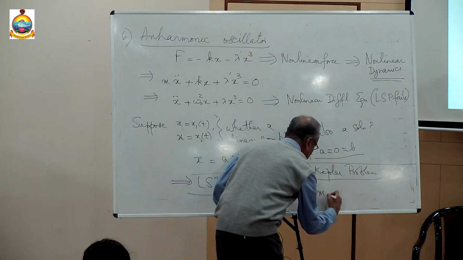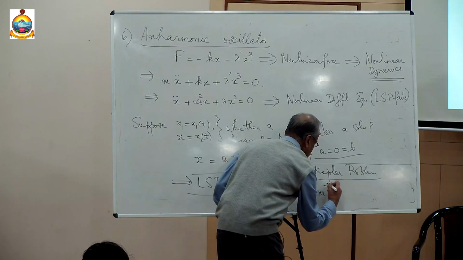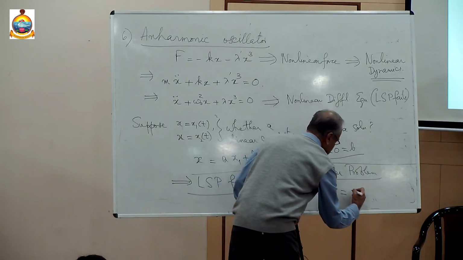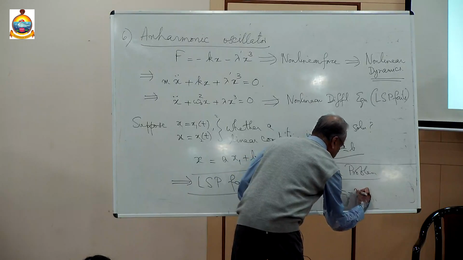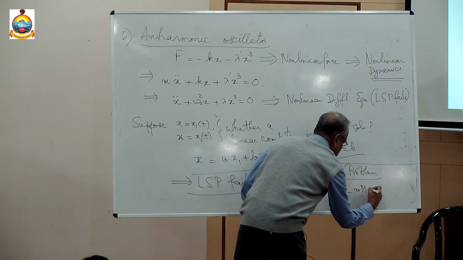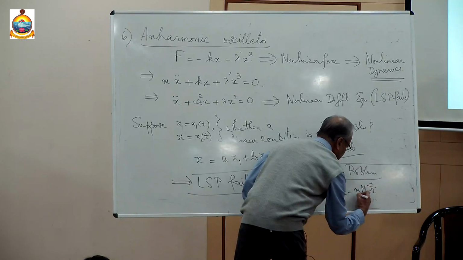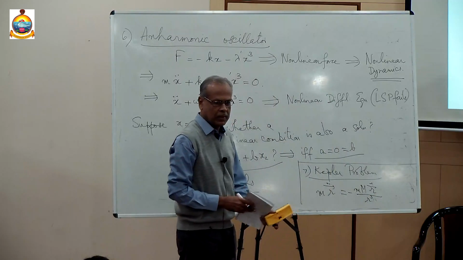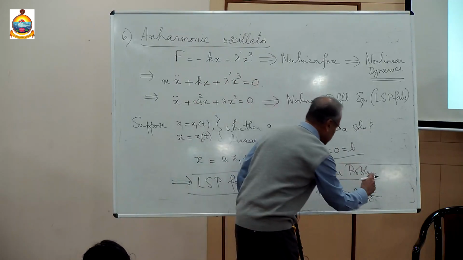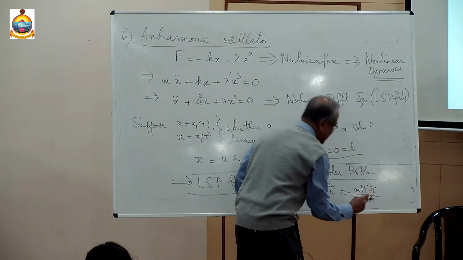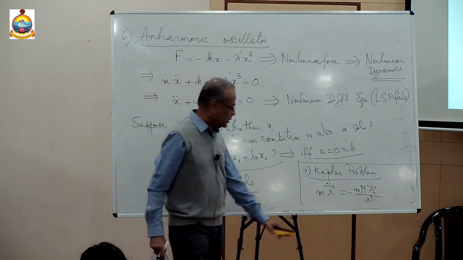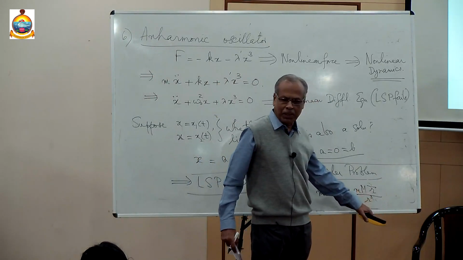So you have m d square r by dt square, r double dot, equal to the force, the inverse square type force, some constant times unit vector r divided by r cube. So which means unit vector divided by r square.